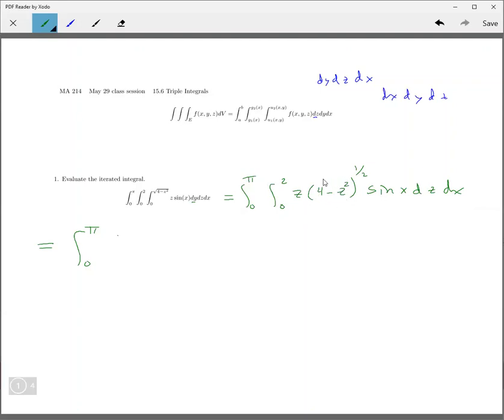So anyways, we'll go ahead and integrate with respect to z, and that's going to give us 4 minus z squared to the 3/2. Dang, every single integral we've done has followed this pattern. Oh well. Except this one has a negative sign coming out because negative 2z is the derivative, right?